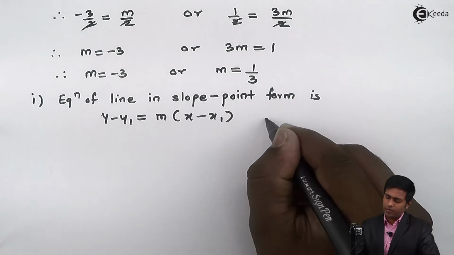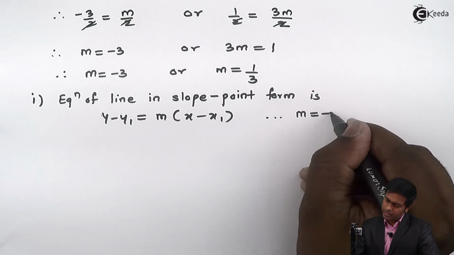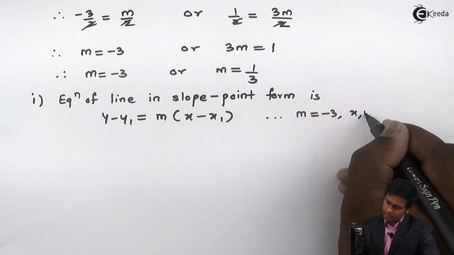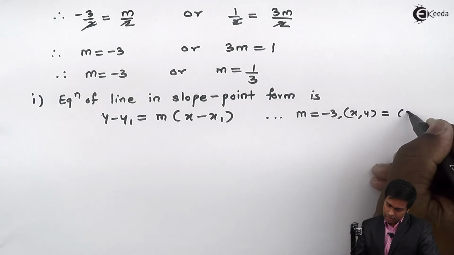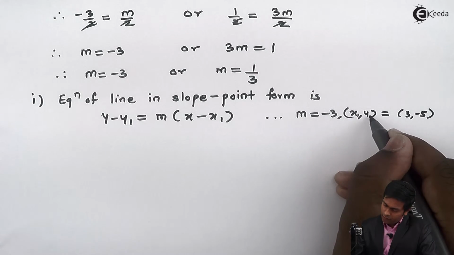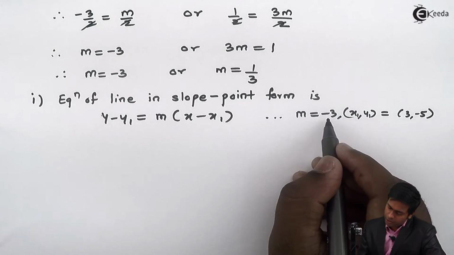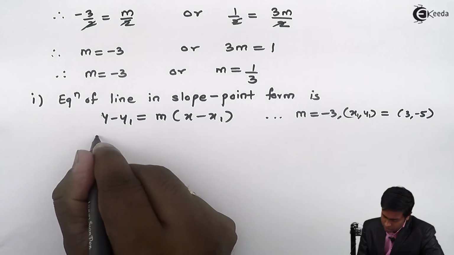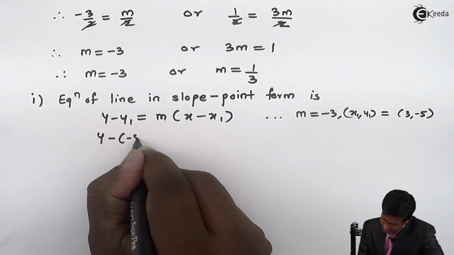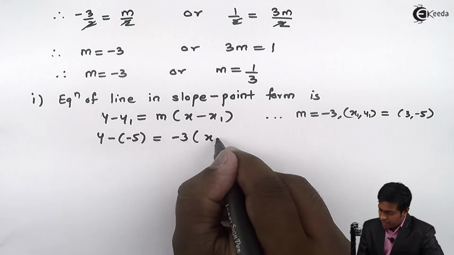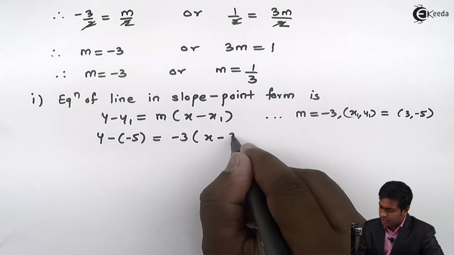So in the first case we are assuming m as minus 3 and coordinates of x and y as 3 and minus 5. So this is x1 and y1. So we'll substitute the values. Now here y1 is minus 5, so this will become y minus minus 5 equal to m is minus 3 and x minus x1, here x1 is 3.